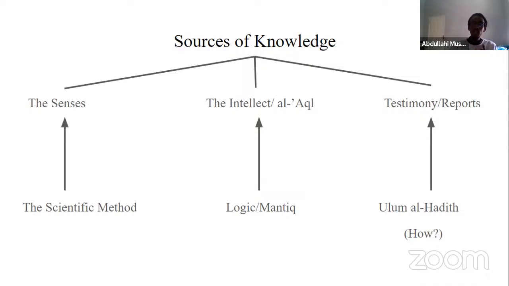If you were to look at the things that you know, you would see that they all go back to these three sources, or most of it goes back to these three sources. If I were to ask you, how does a tree look? And if you're able to answer this question, you're able to answer this question because you've seen a tree before. So that's your senses.